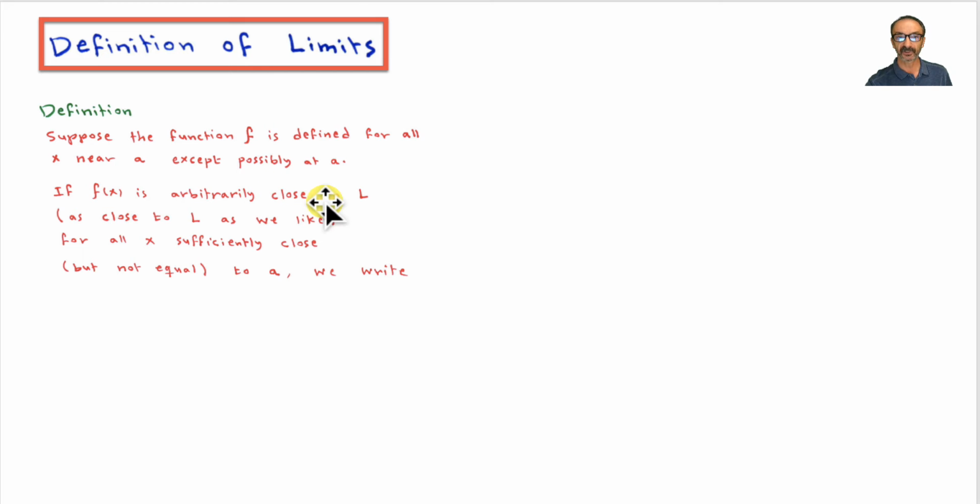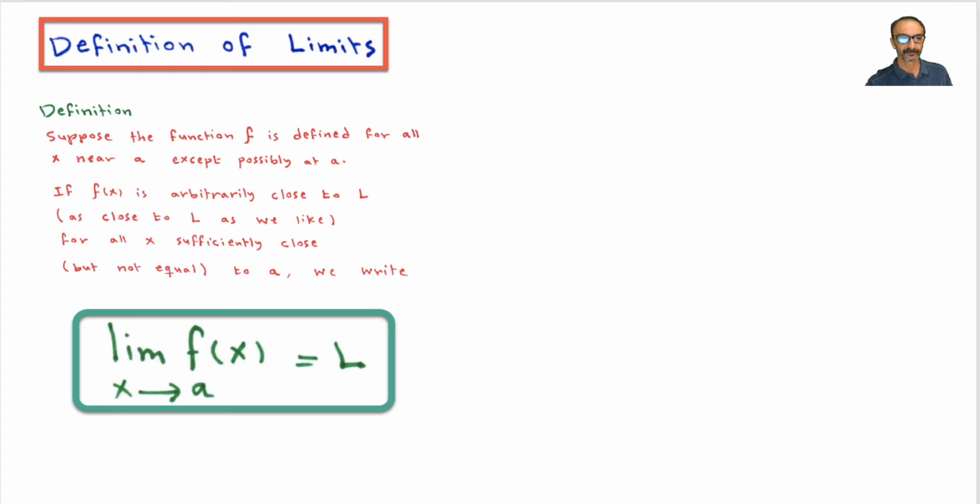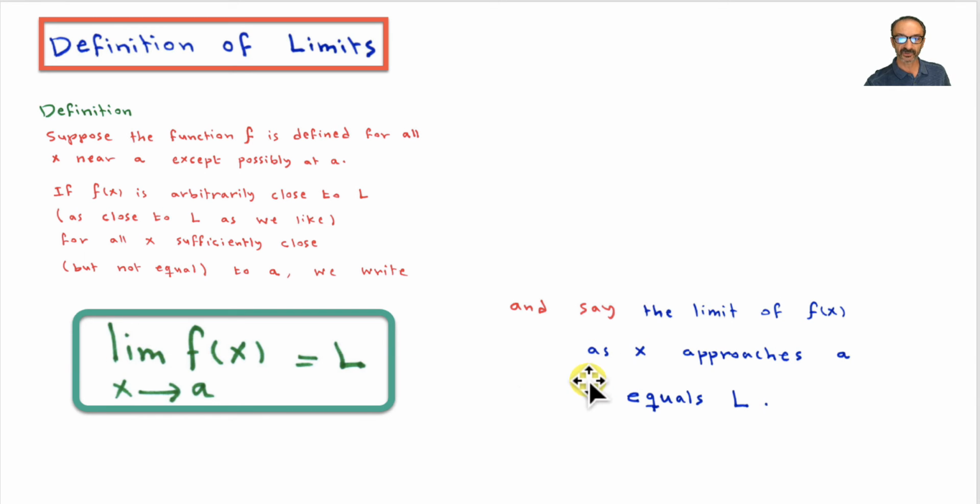If f of x is arbitrarily close to L, so the outputs are close to a certain number, like in the previous example it was close to 9.4, as close to L as we like, for all x sufficiently close but not equal to a. So if a is 2, we're getting close to 2, but we can't plug in 2. We write the following. The limit of f of x as x approaches a is equal to L.